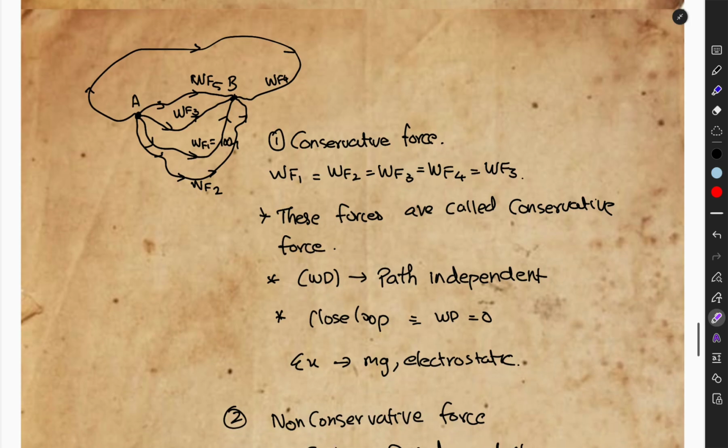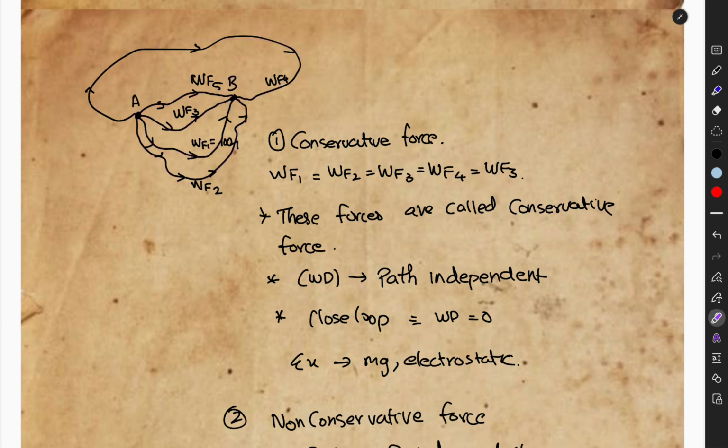Next topic, and this is the last topic, which is conservative and non-conservative force. Don't be so complicated with this structure, I have made it complicated. So basically, let's take a point A to point B. I can do this in different ways, and let's say the work done by force F1, work done by F2.